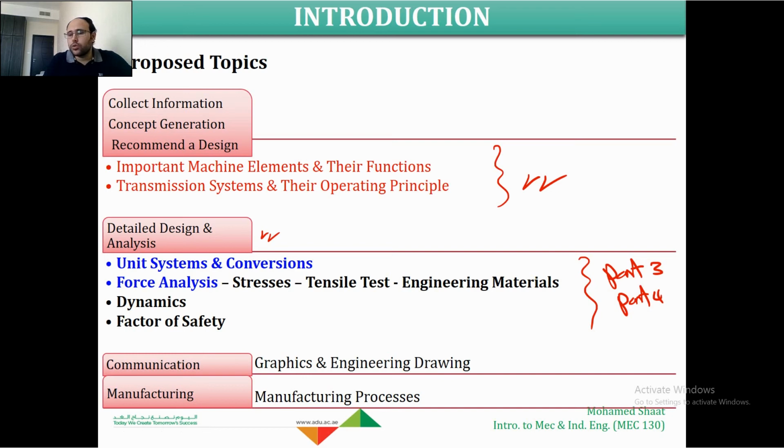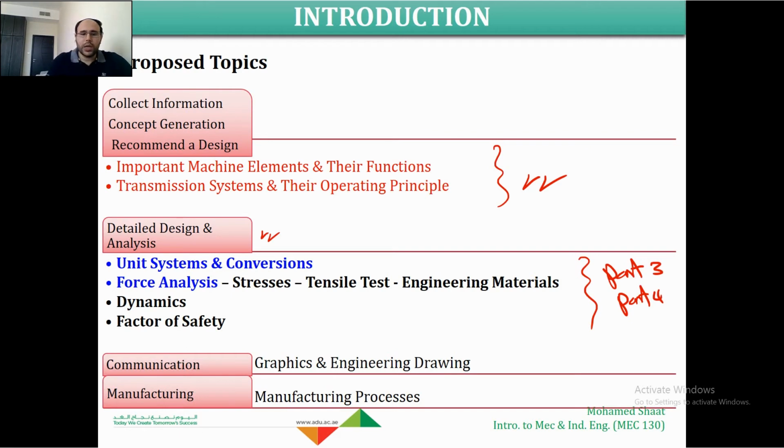But in order to design a shaft or a gear for a specific machine, this design requires some calculation, some procedure that you have to apply. The calculations and procedures to design all of these different mechanical components that we covered in part 2 will be covered in another course or 2 courses, which are the mechanical design courses.